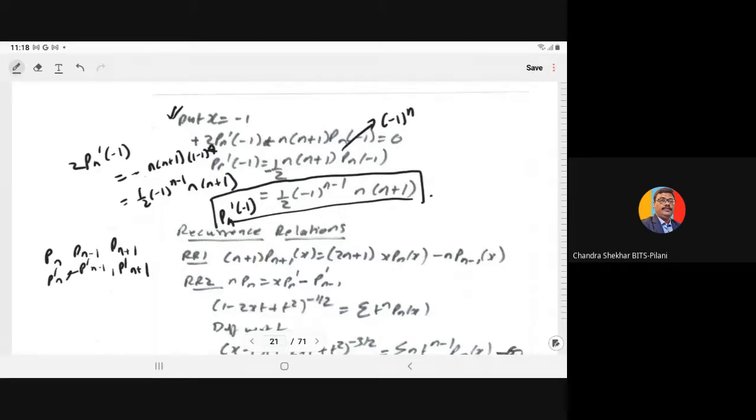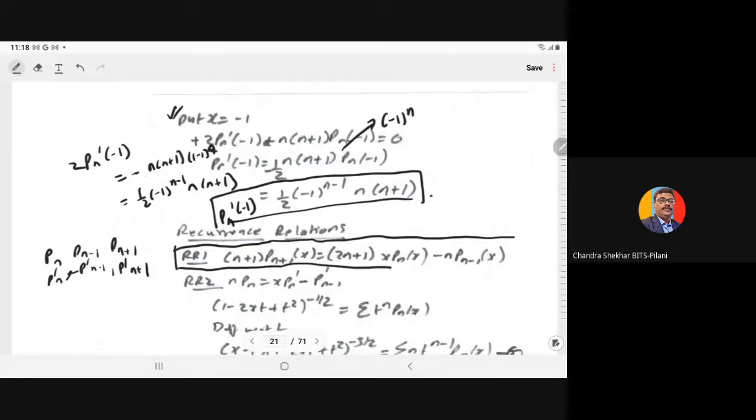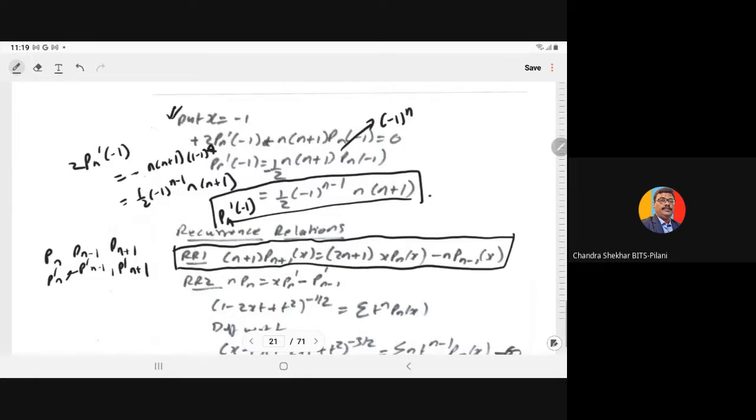So the very first recurrence relation we have already computed: n plus 1 into Pn plus 1 is equal to 2n plus 1 x Pnx minus n into Pn minus 1 x. So the very first recurrence relation you have already proved. This recurrence relation is the relation between Pn plus 1 and Pn minus 1.